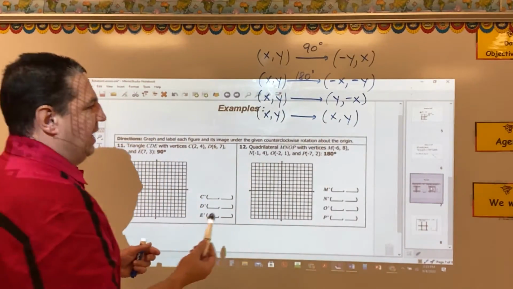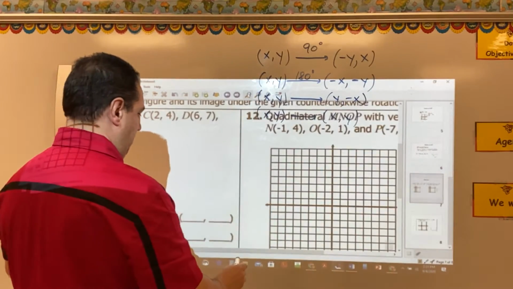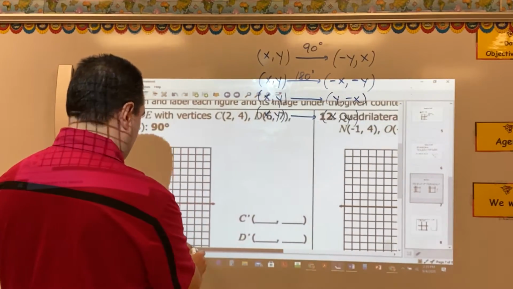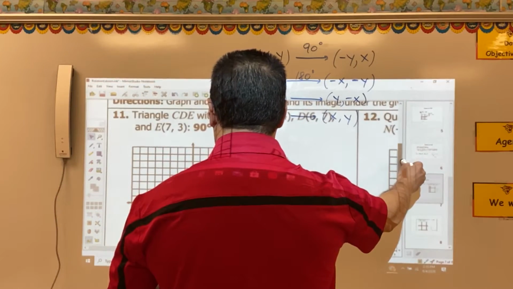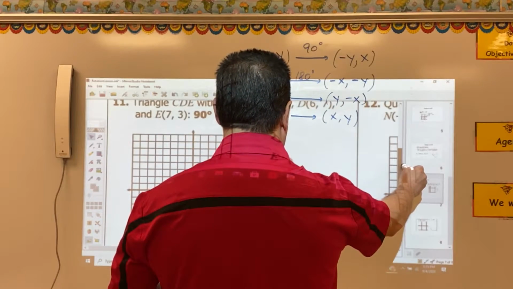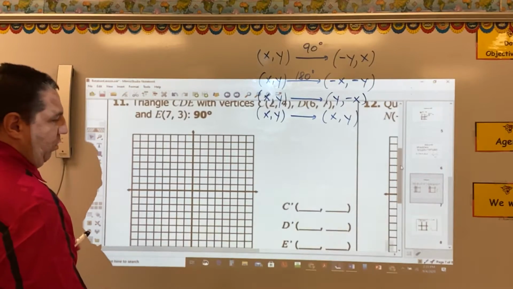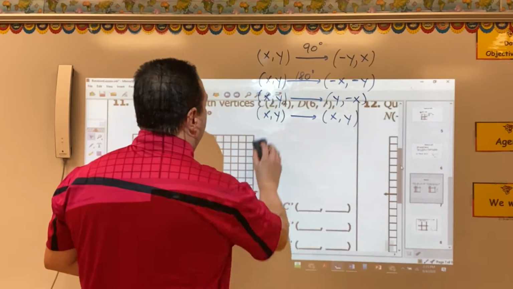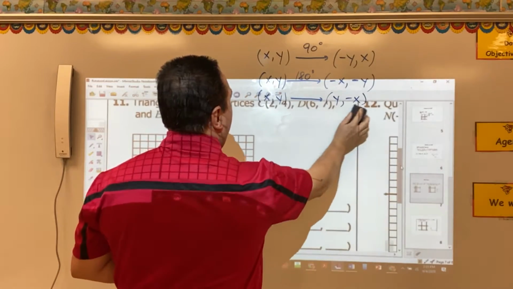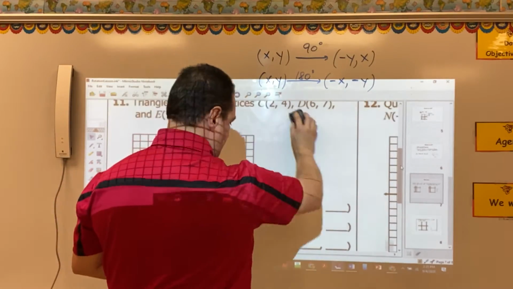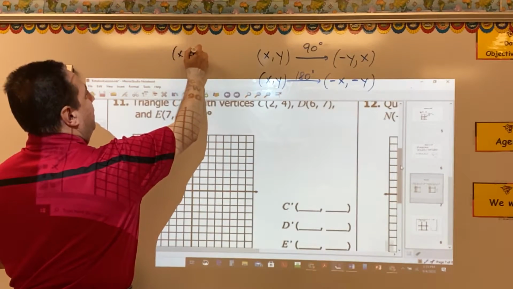For example, let's zoom. Good. So in this, probably I should write here rotation of 270.